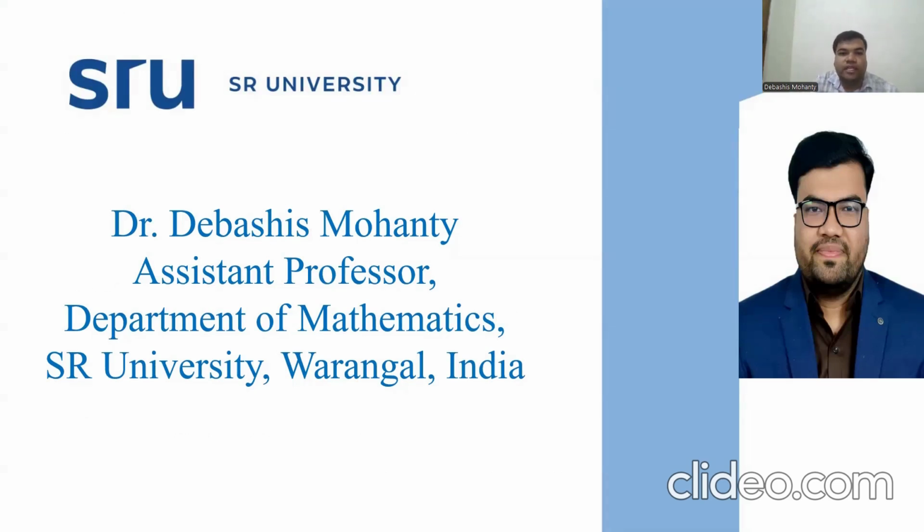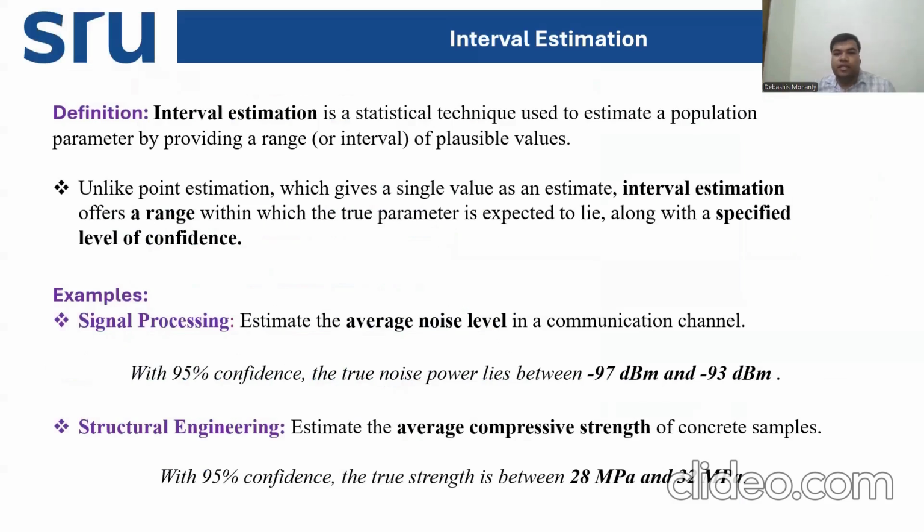So coming to the lecture, here we can see the definition of interval estimation. The definition describes that interval estimation is a statistical technique used to estimate the population parameter by providing a range of possible values, right?